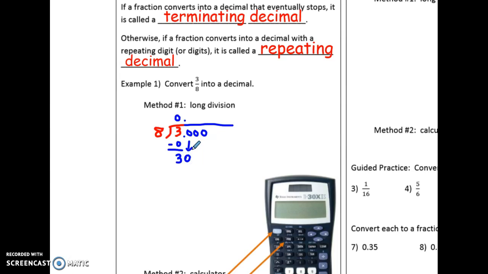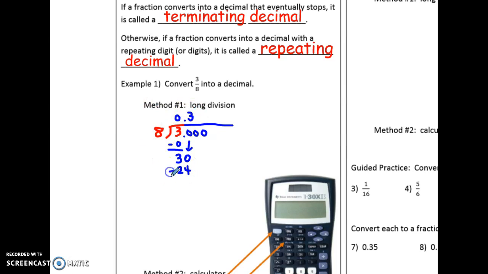Okay, you don't have to draw the arrow, but I'll do it for this example. What you really can do then is take 8 times some number to equal 30. Problem is, nothing perfectly multiplies by 8 to get 30, so we have to come up with something close without going over. If you remember, 8 times 3 is 24. 24 is the closest value we can get to and not go over.